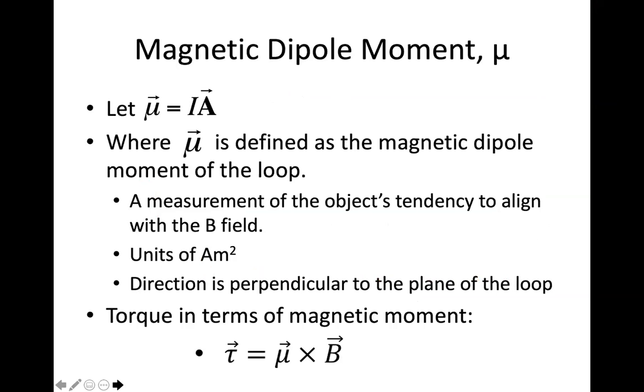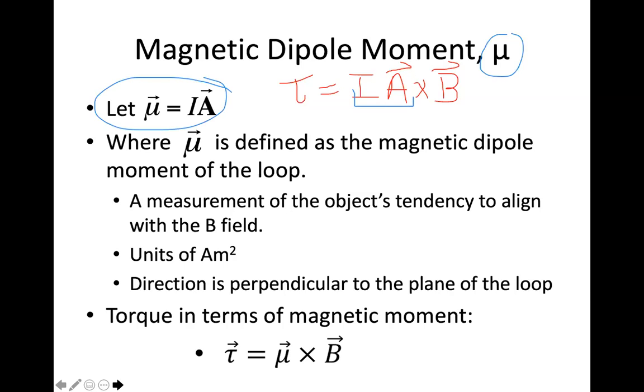So what we want to do, so we have that the torque is IA cross B. Well, this IA has a different name as well. This IA, we're going to call it the magnetic dipole moment. What is moment? It's like moment of inertia.